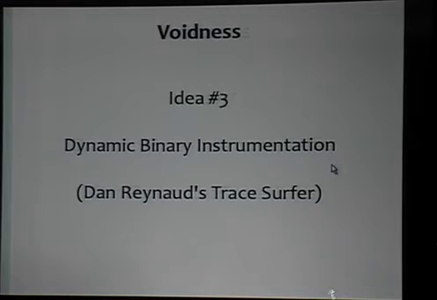Idea number three is this dynamic binary instrumentation I was talking about. Dynamic binary instrumentation, in case you're not sure, is really cool. It's like an x86 to x86 just-in-time compiler that allows you to modify the code as it's going through the compiler. So you can instrument each basic block as it's about to be executed.